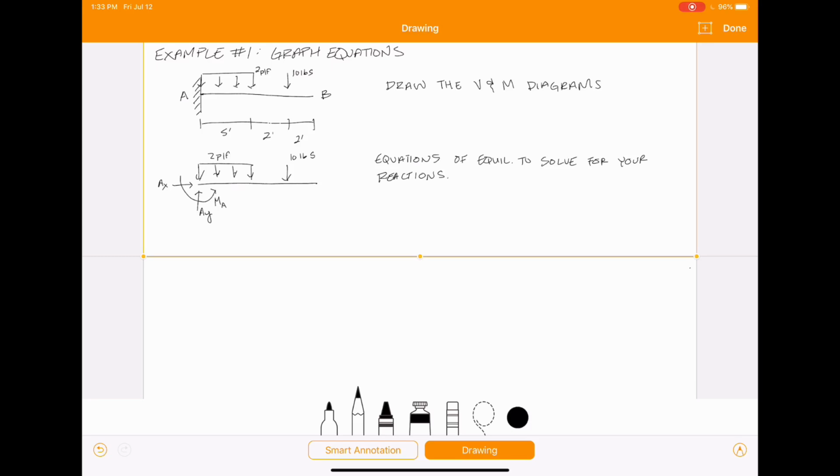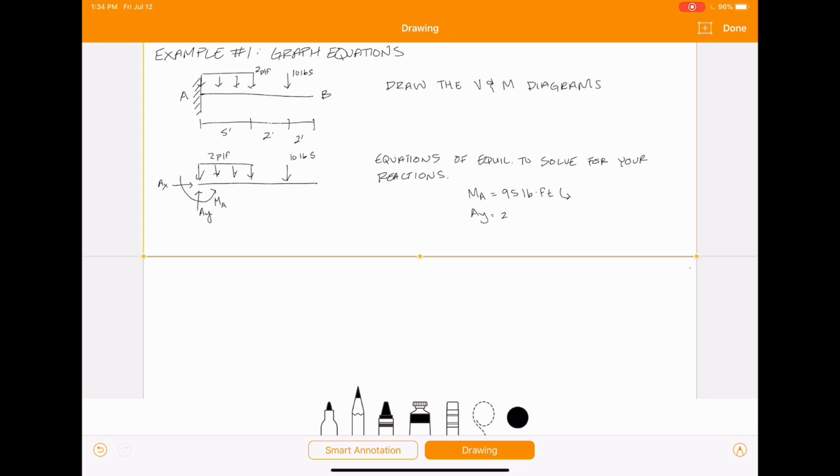I already solved for the reactions previously. If you don't know how to solve for these reactions, head back to our equilibrium of a rigid body video, and there it will explain how to find reactions. But for now, I'm just going to give those to you. So MA is equal to 95 pound-feet going counterclockwise.